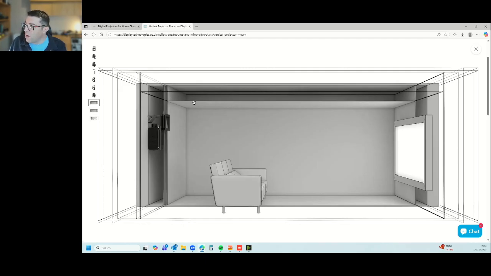Instead of that projector being hung up here on the ceiling, you rotate it round, so the depth that you need is dramatically reduced. That allows you to mount the projector on the back wall. Then you can do a very simple screen in front of that, which helps you to block the noise.